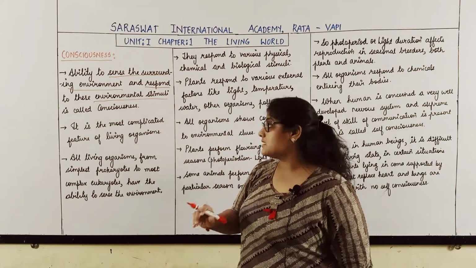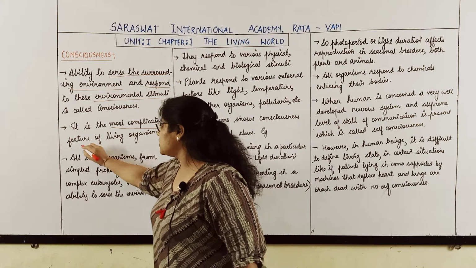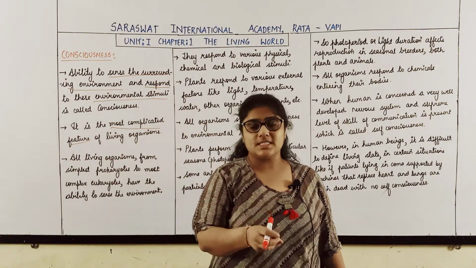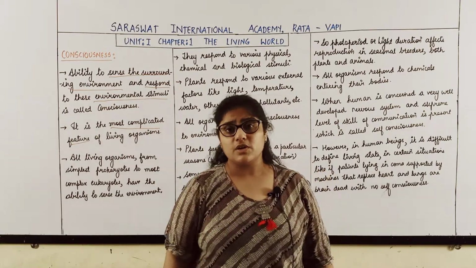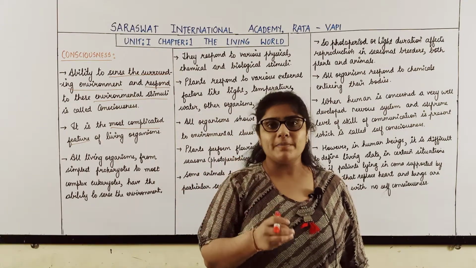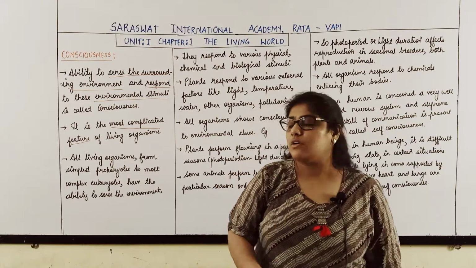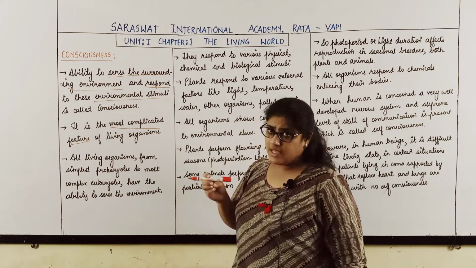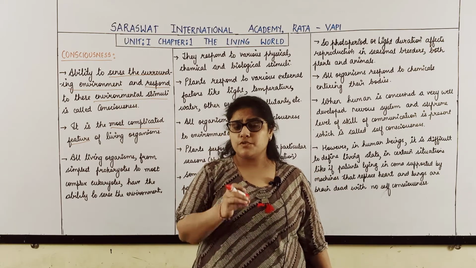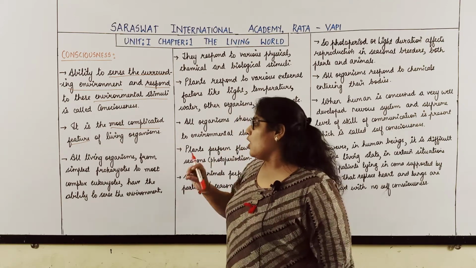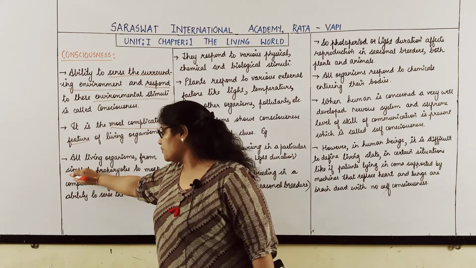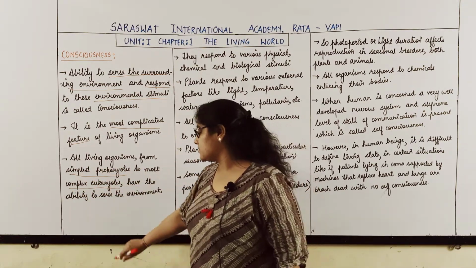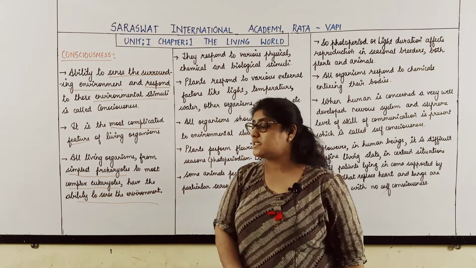And this is the most complicated feature of all living organisms. Of all the characteristics of living organisms, the most complicated feature is consciousness. It is very important for you to know that all living organisms, from the simplest prokaryotes to the most complex eukaryotes, have the ability to sense the environment.